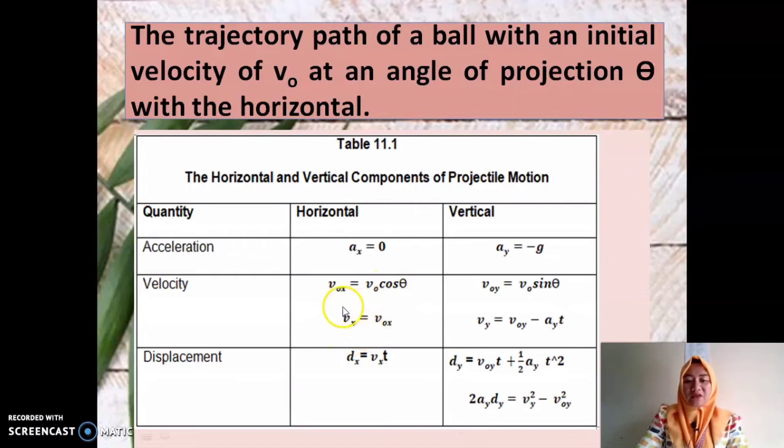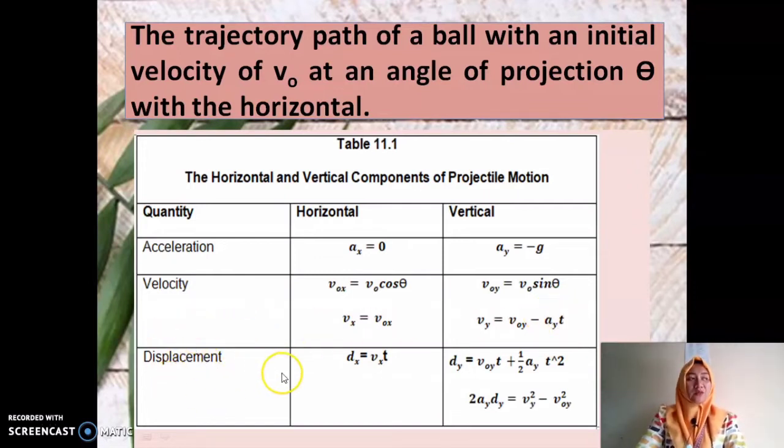Our final velocity in the horizontal is equal to the initial velocity in x. And our velocity in the vertical component is equal to initial velocity times the sine of the angle, or our final velocity in the vertical is equal to v sub 0y minus acceleration in y times the time it took to travel.